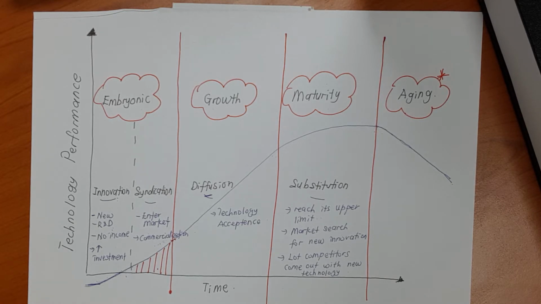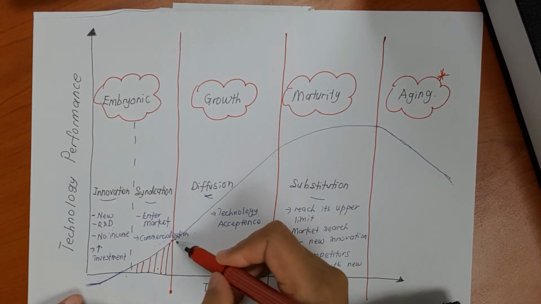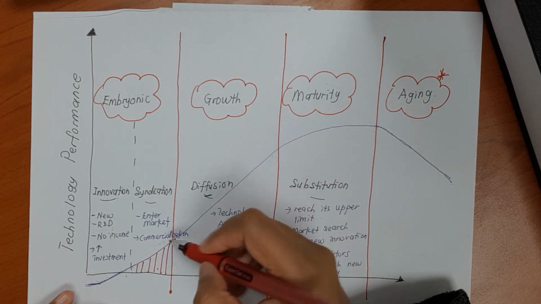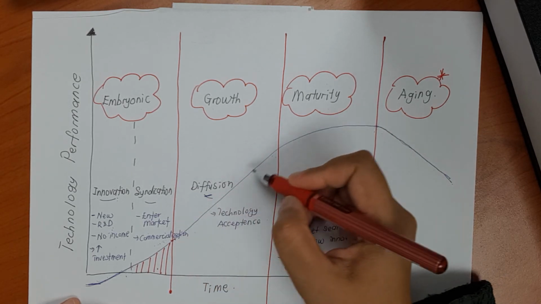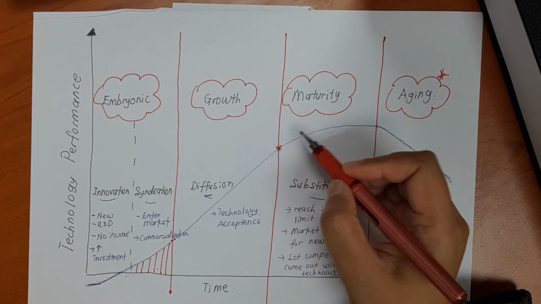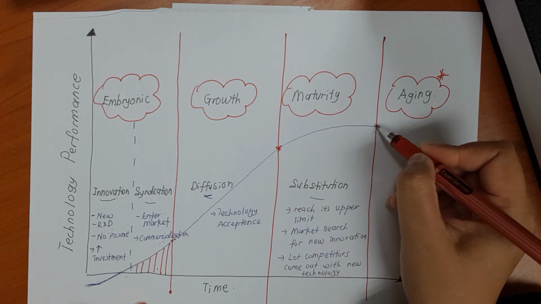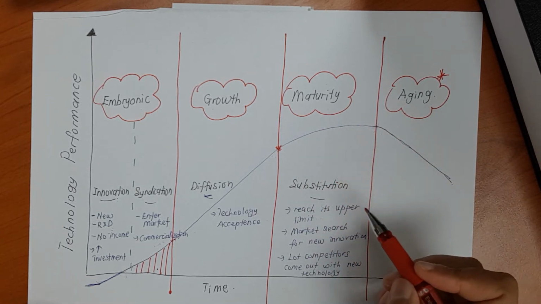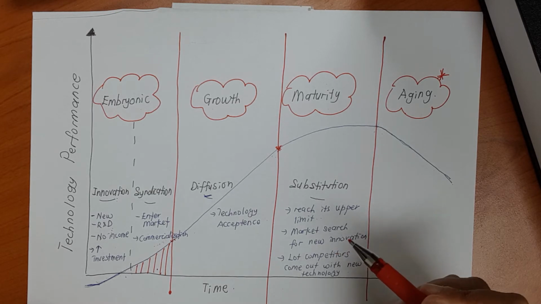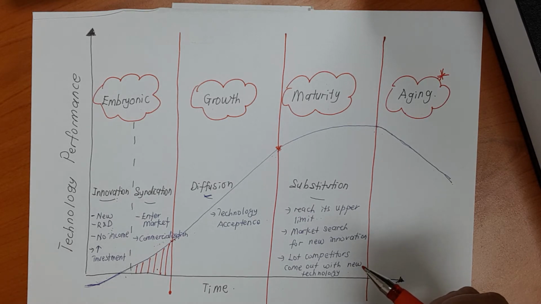So the number of buyers starts to grow. It diffuses widely among users, so the technology performance grows and the market also grows. After a certain time period, it will reach its maturity stage, when some competitors come out with the same product but with more advanced technology, for example Samsung, Oppo, Huawei, and so on.